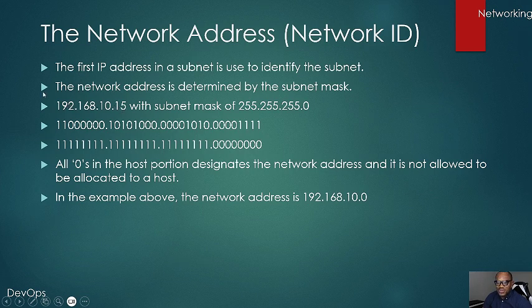That will be the network address for this particular subnet. So all 0s in the host portion designate the network address, and it is not allowed to be allocated to a host. So this portion, as it's all 0s like this, will give you 0, and it's not allowed to be allocated to any host.